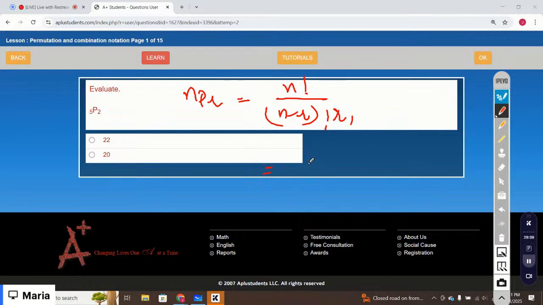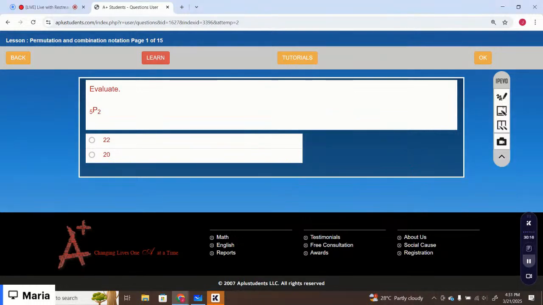So that is 5 factorial divided by 5 minus 2 factorial. That is 20.